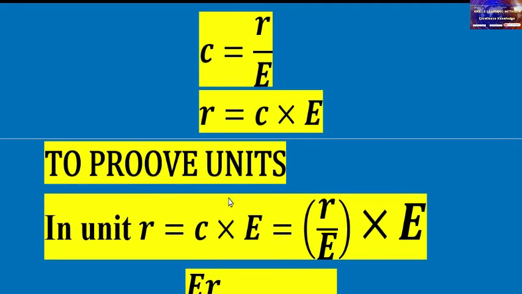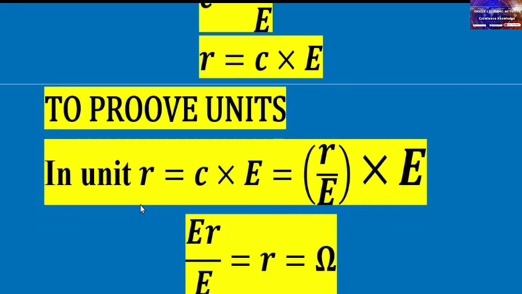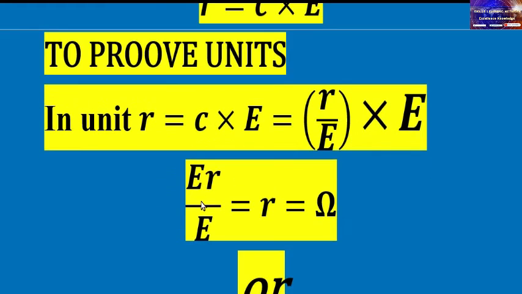To prove the units, r is equal to c times E.M.F, where c is r over E.M.F. It means E.M.F over r times r over E.M.F; the E.M.F and the E.M.F will be cancelled, and we remain with r.